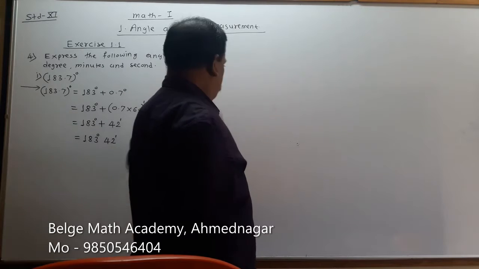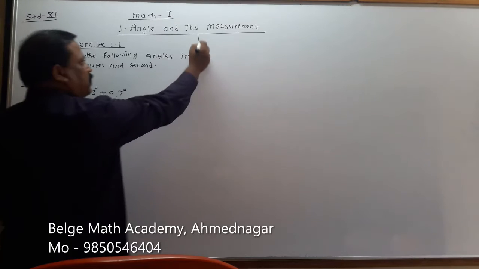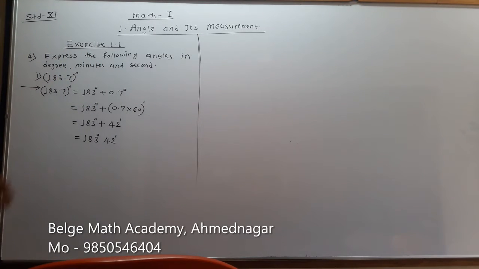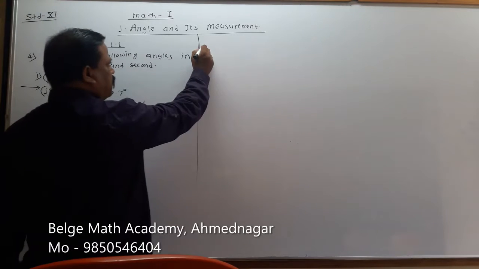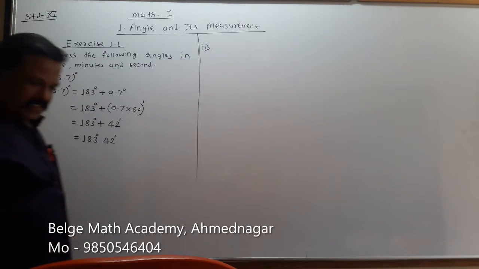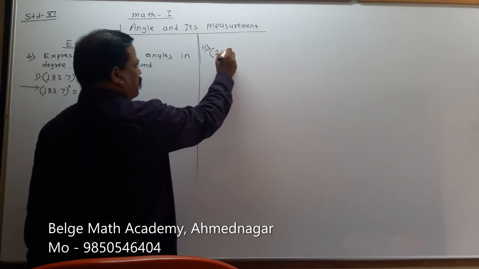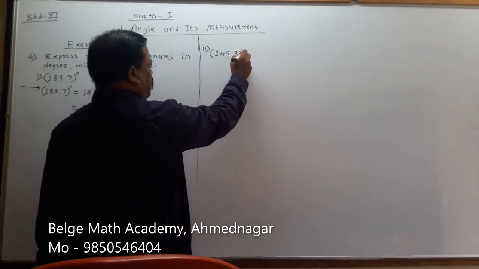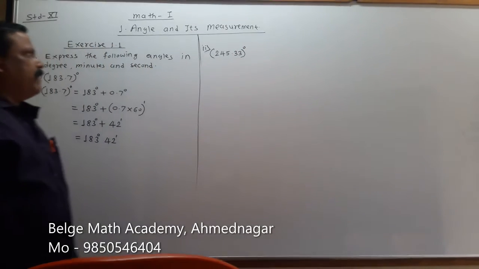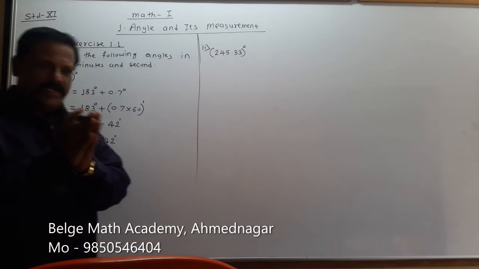Similarly, now we are solving the second example under the question: express the following angle in degree, minutes and second. The second example is 245.33 degree. Again it is separated into integral part and decimal part.